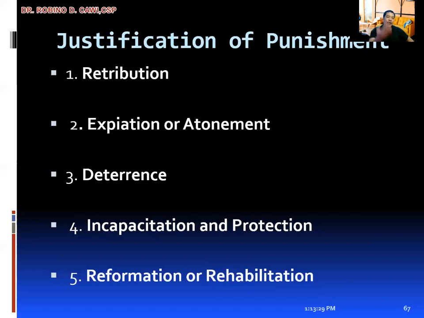And then, of course, we also have reformation or rehabilitation. Reformation or rehabilitation stems from two basic ideas. The first idea is of European origin.